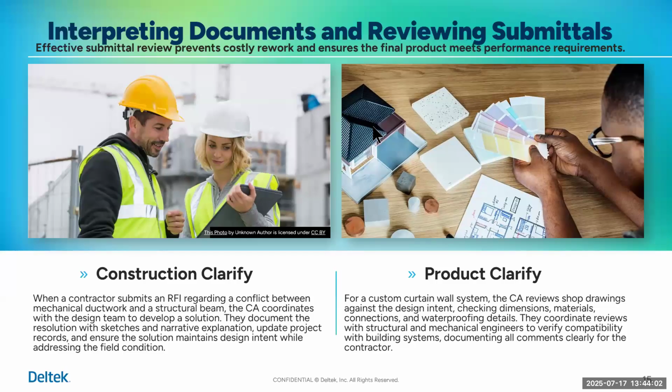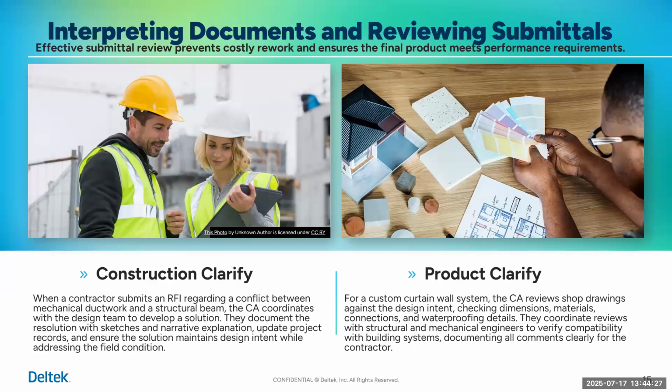What about product clarity when it comes to interpreting documents and reviewing submittals? One example could be a custom curtain wall system. The CA reviews the shop drawings against the design intent, checking dimensions, materials, connections, and sometimes there might be some waterproofing involved.